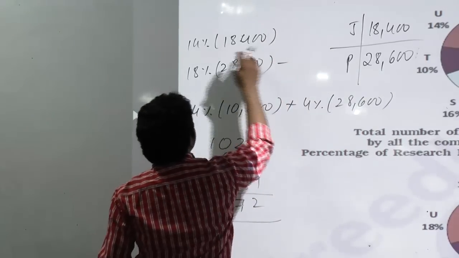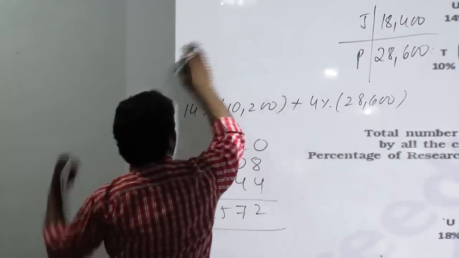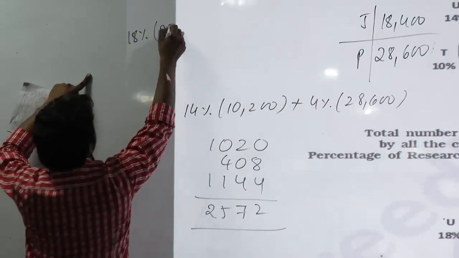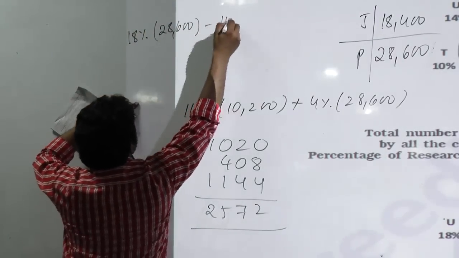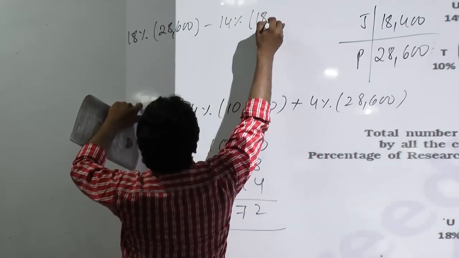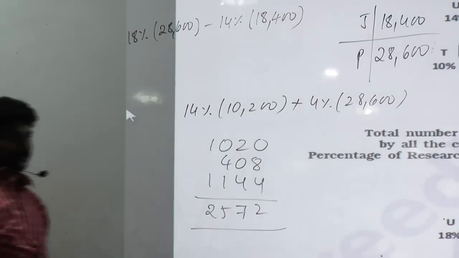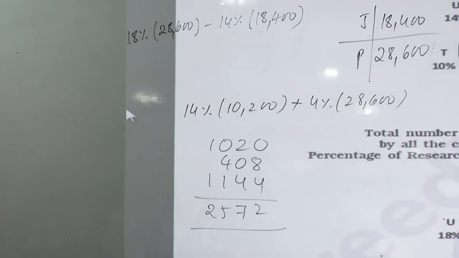This number minus 18% of 28,600 minus 14% of 18,400. This is what you have, right? Now I want to write 18% as 14% plus 4%.